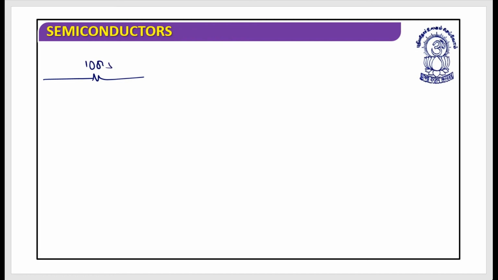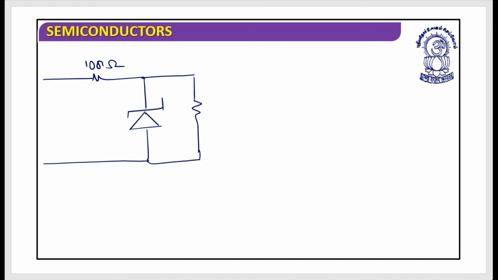Let's say this is 100 ohm and this is a Zener, and we have this resistance that is of 900 ohm. This Zener voltage is, let's say, 10 volt, and we have given Vin equal to 5 volt.